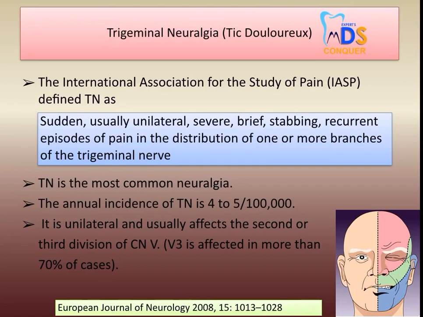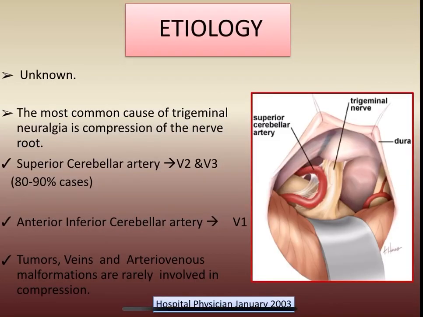And you have to write which division is more commonly involved. You can say V3, the mandibular division, is more commonly involved, followed by the other divisions. The etiology is actually unknown, but it could be compression of the nerve root. It could be compression caused by the superior cerebellar artery on V2 and V3, whereas the anterior inferior cerebellar artery on V1.